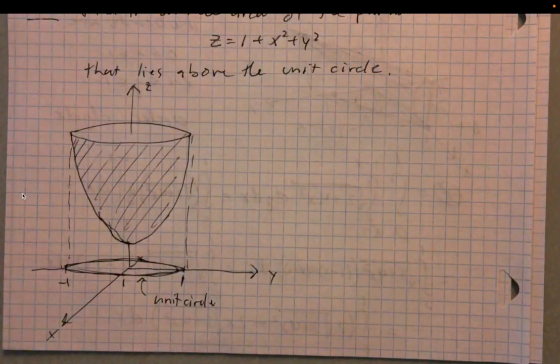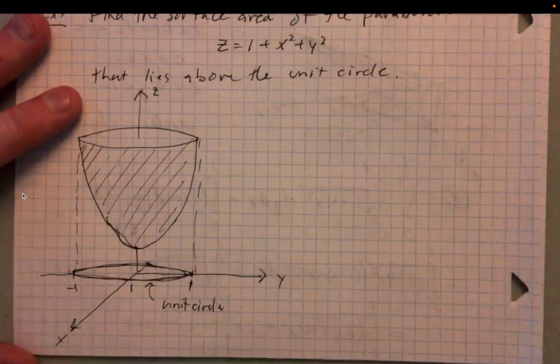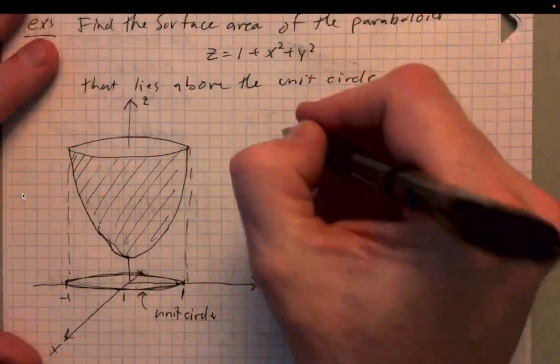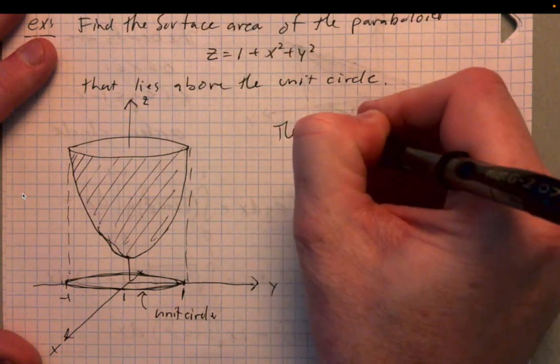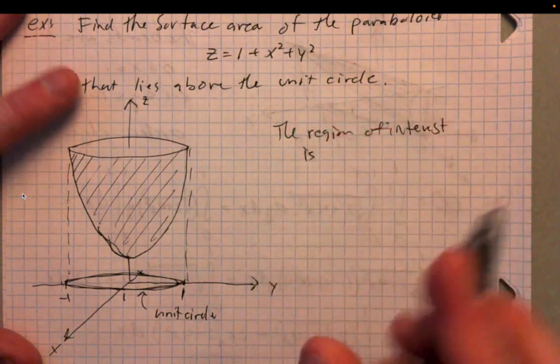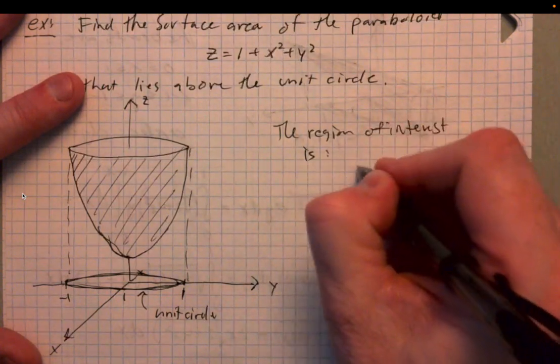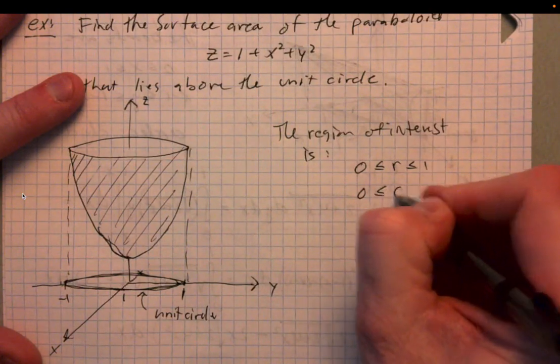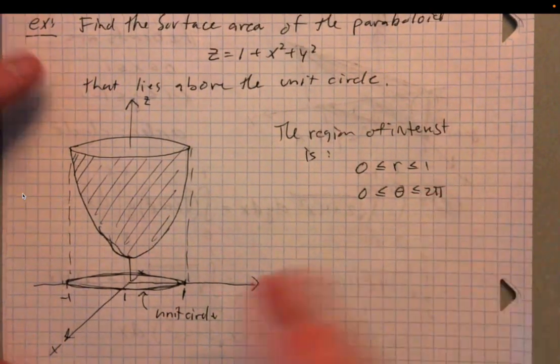Okay, so this problem benefits very greatly from polar coordinates. Okay, and so the region of interest is the unit circle. So 0 less than or equal to r less than or equal to 1, and 0 less than or equal to theta less than or equal to 2 pi.